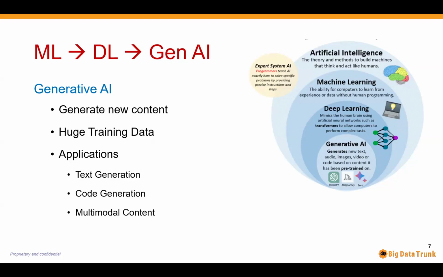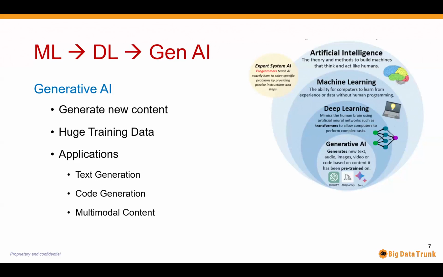And again, for Gen AI to even function effectively, we do need huge amounts of training data. The more data that you can show your systems, and then ask them to generate something that looks very close or very similar to what we have shown these systems, that would be the whole focus of Gen AI based systems.